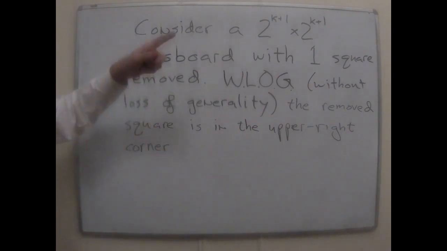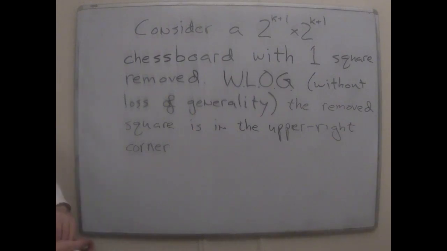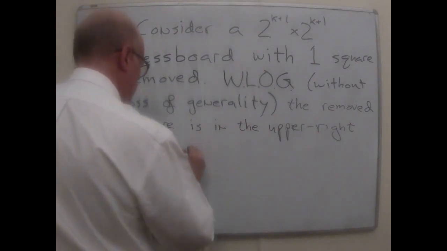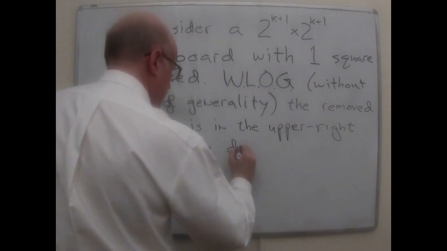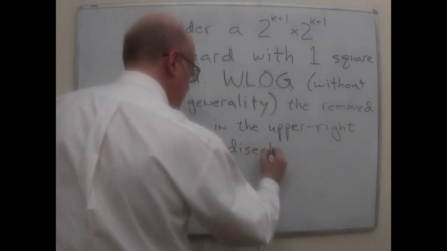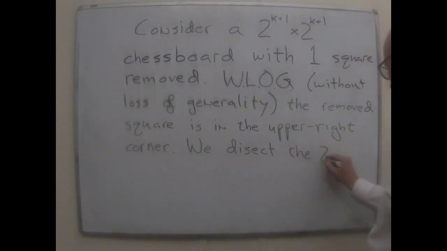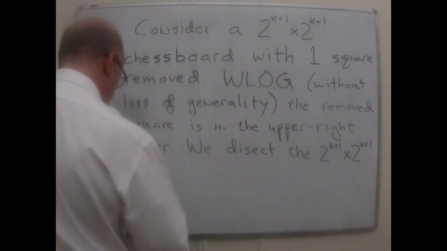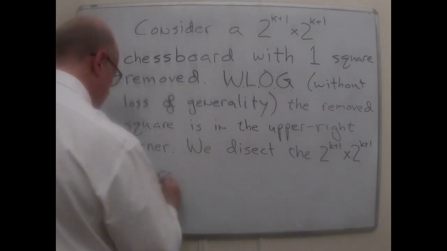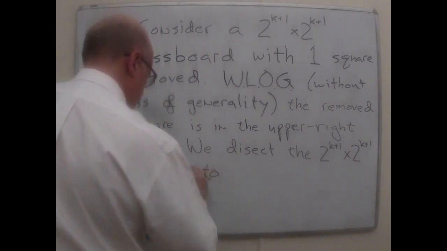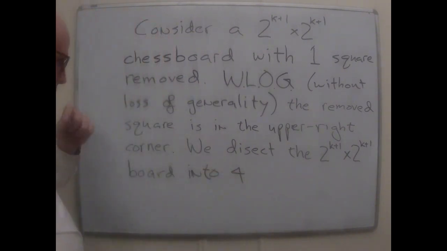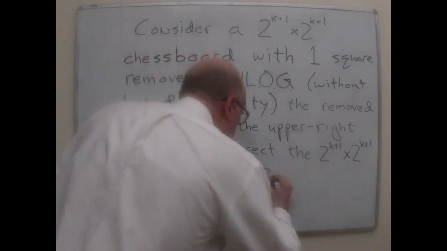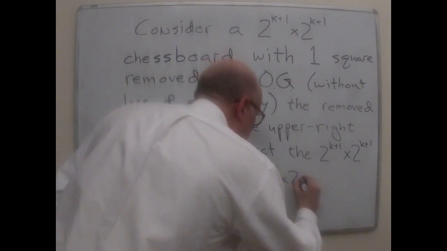So what we're going to do is break this 2 to the k plus 1 by 2 to the k plus 1 chessboard up into 4 things of half the size. Well, yeah, just 4 2 to the k by 2 to the k chessboards.